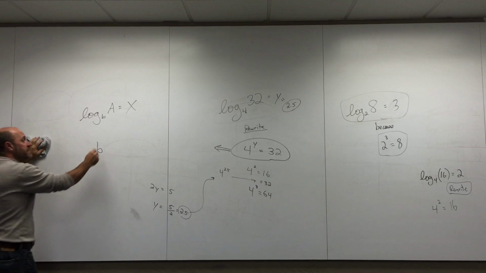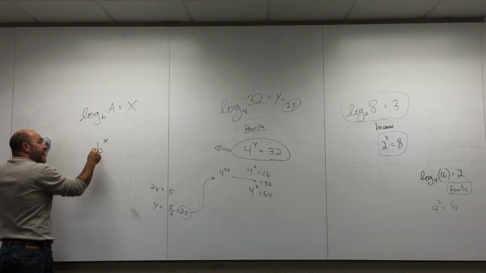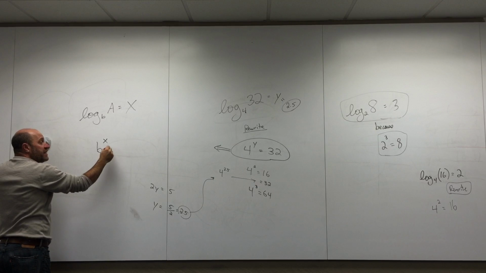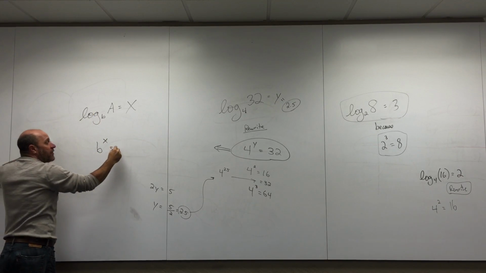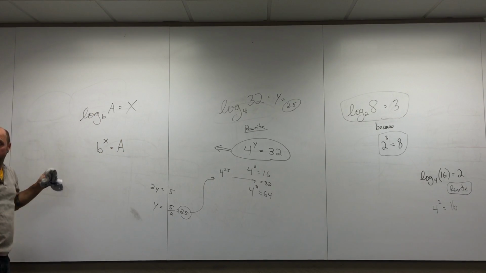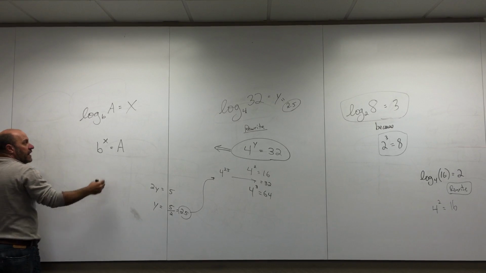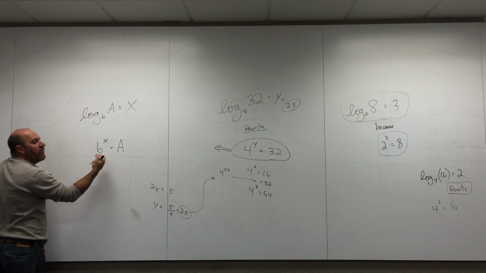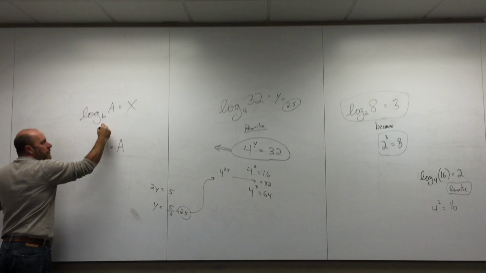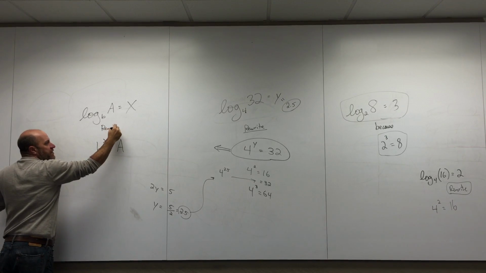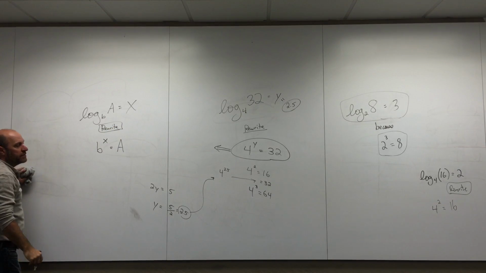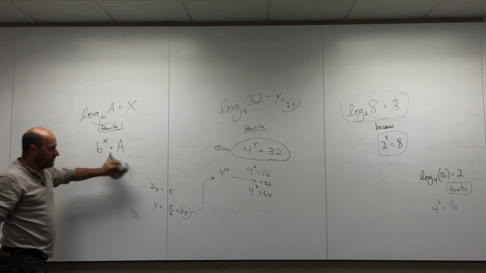The answer to the logarithm is the exponent. And then that base raised to that exponent gives you what's inside the logarithm. This is called rewriting the logarithm in exponential form. It's a good little tool.